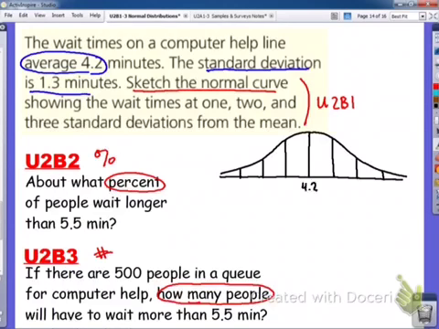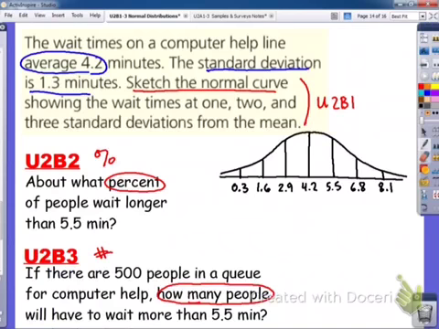It's 4.2 minutes. The standard deviation is 1.3 minutes, so I add 4.2 plus 1.3 and I get 5.5. And add another 1.3 and I get 6.8. Add another 1.3 and I get 8.1, right? Okay, on the left side, we're going to subtract 1.3, so that would be 2.9. Okay, 1.6, and then 0.3.